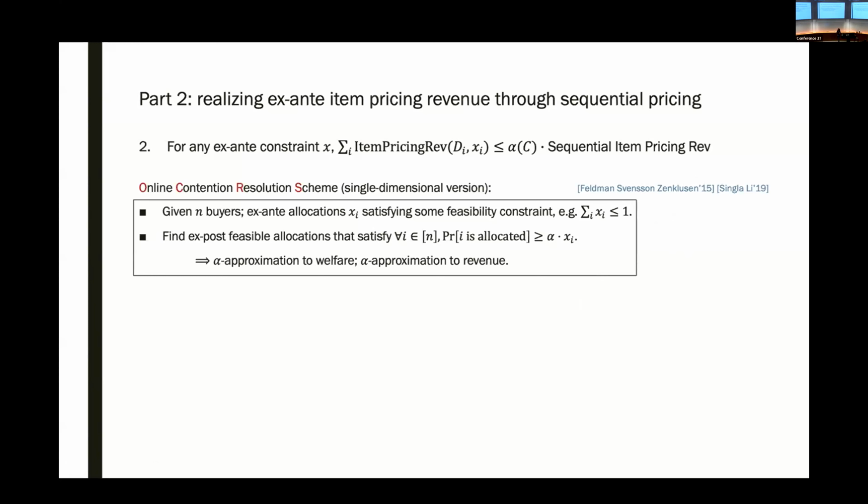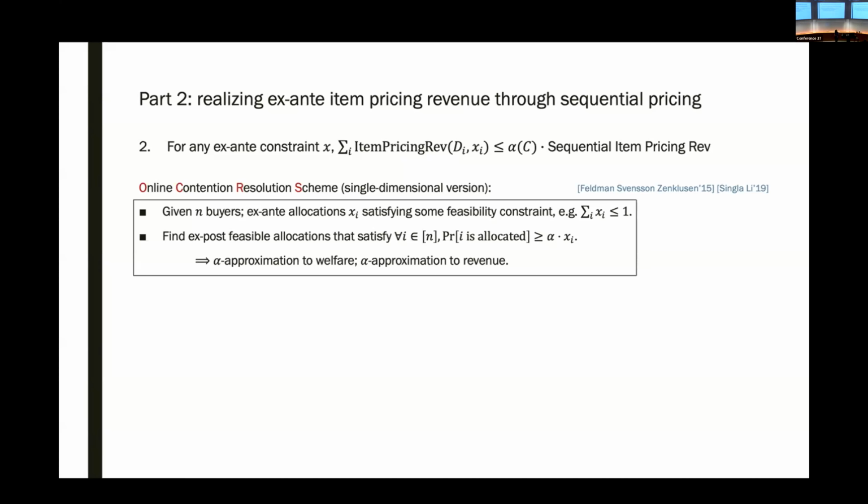We're trying to figure out in an online fashion, one buyer at a time, whether or not to allocate to a buyer. And we want to make sure that when we get to buyer i, we allocate to this buyer with probability roughly equal to xi. Okay, so how do we make this happen?